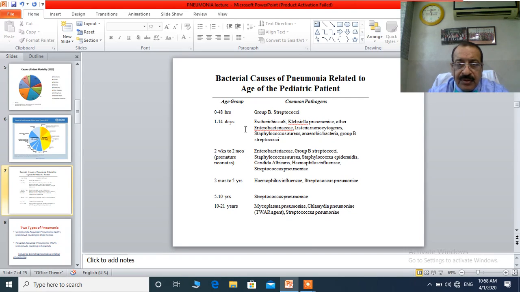During the neonatal period, the organisms which cause pneumonia or sepsis include E. coli, Klebsiella, Listeria monocytogenes, and then Staphylococcus aureus, which causes very fulminant infection in the neonatal period, and then a few anaerobes.